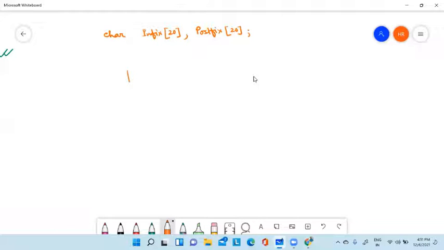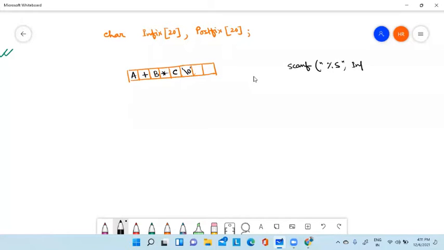So suppose this is your infix expression: A plus B into C, then null. So in character, if you take input using scanf like this, percentage s, then infix. So the array name is the starting address.